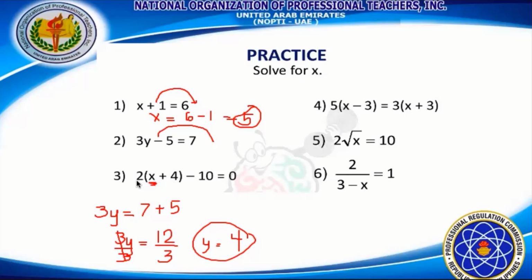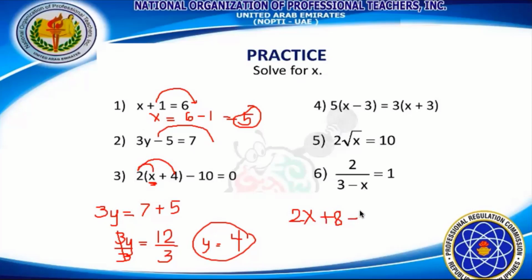So, ang gagawin na lang natin is distribute. So, 2 times x is 2x. Para matanggal yung parenthesis. 2 times 4 is 8. Positive 8. Kasi plus 4 yon. So, wala na.